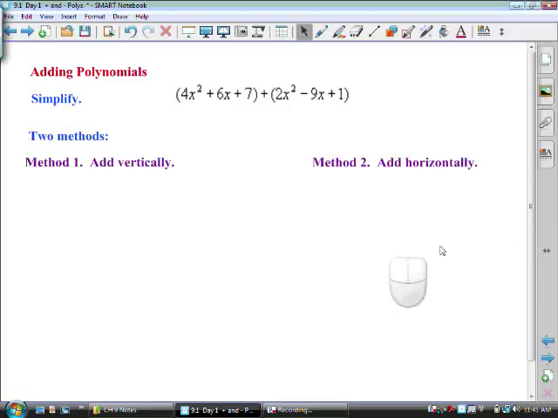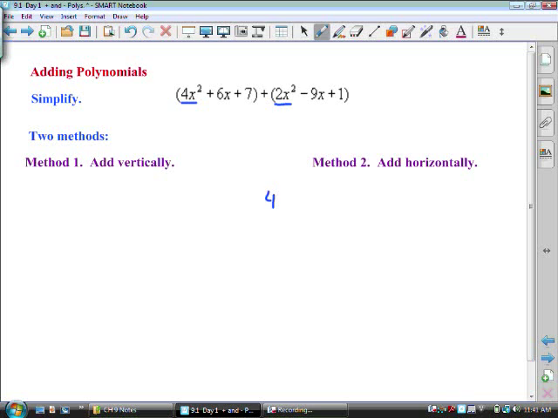All right? So let's see. Here's two polynomials. And you can do this either vertically or horizontally. Eventually, you're going to go over to the horizontal method anyway, because it's going to be easier when you're working with problems that you're solving. So we combine like terms, 4x squared plus 2x squared.